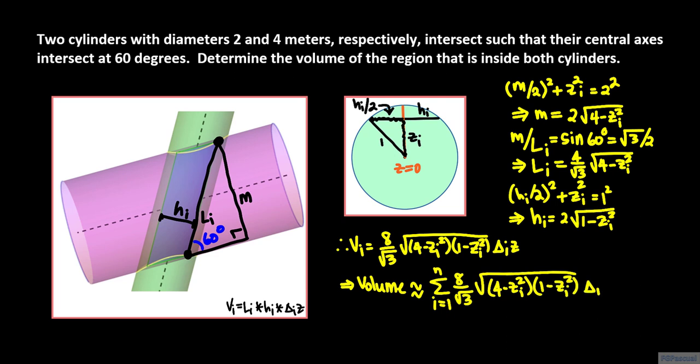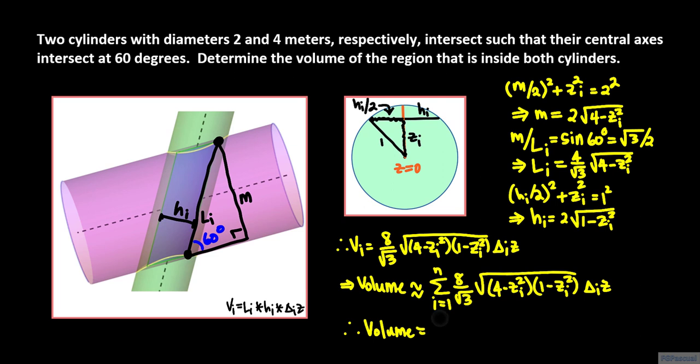And don't forget delta sub iz. If the maximum thickness of all the sections tends to 0, this Riemann sum should tend to a definite integral.